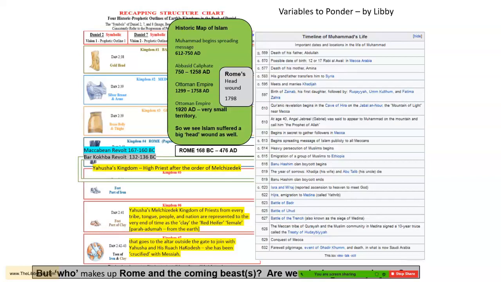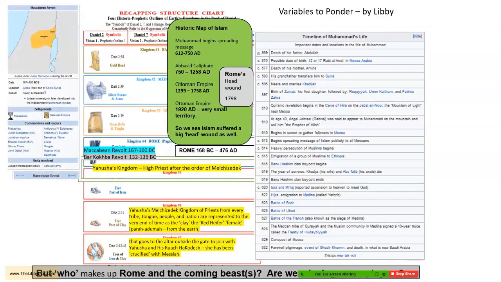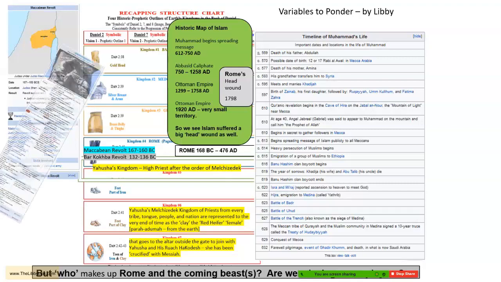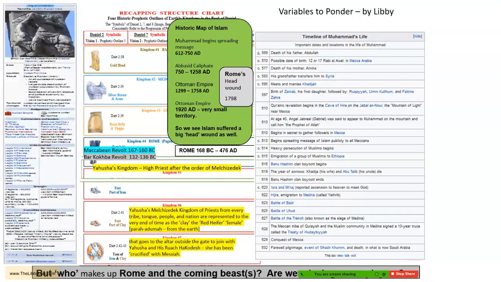So like we've seen so far, Rome's head wound was in 1798, but look at all the action taking place around. I put in these time charts for Muhammad's life, and this chart talking about the Maccabean revolt, just to remind people to go and look at some of this history, the Bar Kokhba revolt as well.